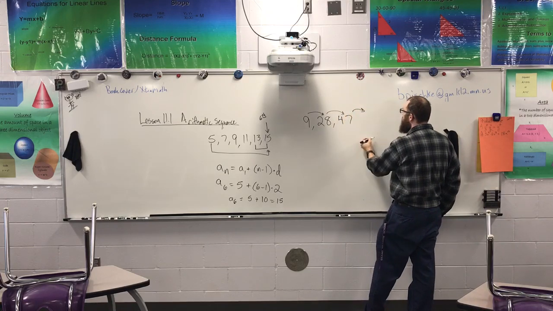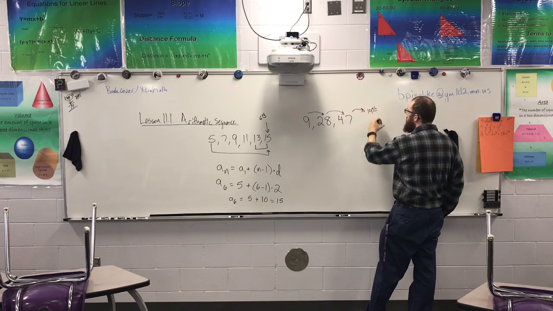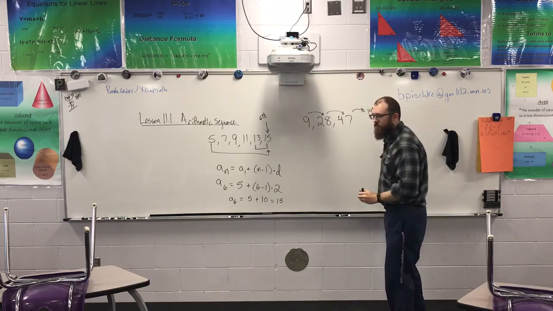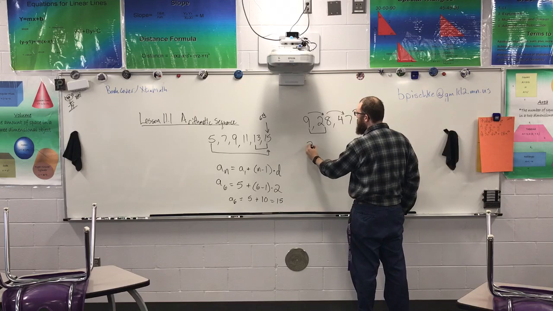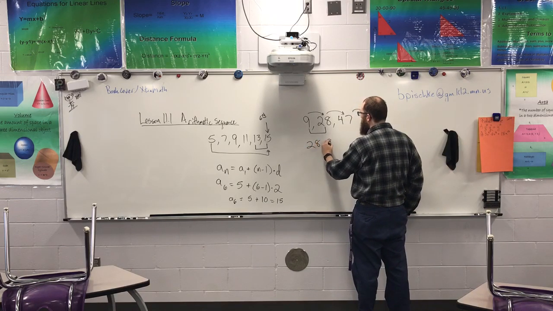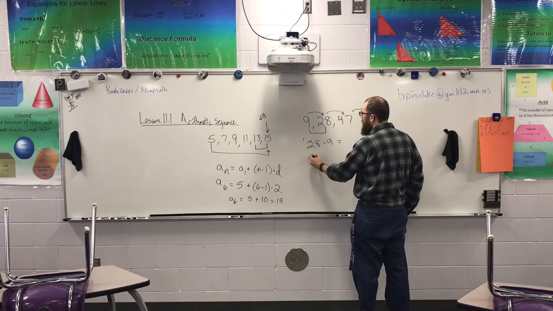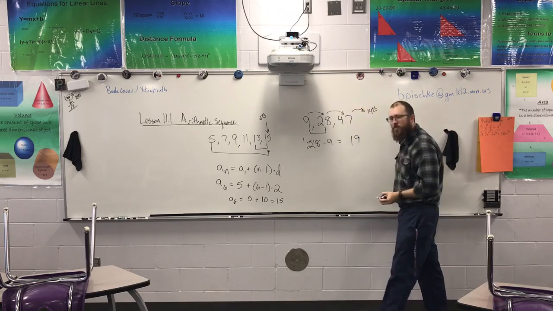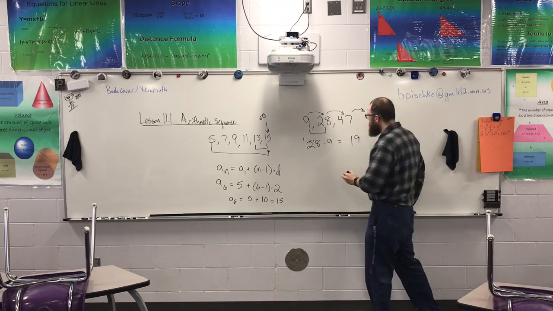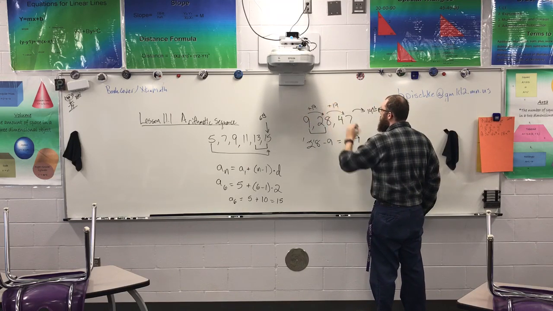Let's get to the 14th term. First off, I'm going to subtract backwards. 28 minus 9, borrow the 1, 18 minus 9 is 9. That's 19 in that jump. Plus 19, plus 19.